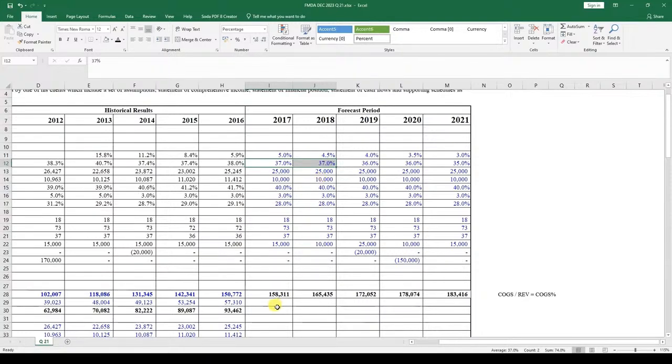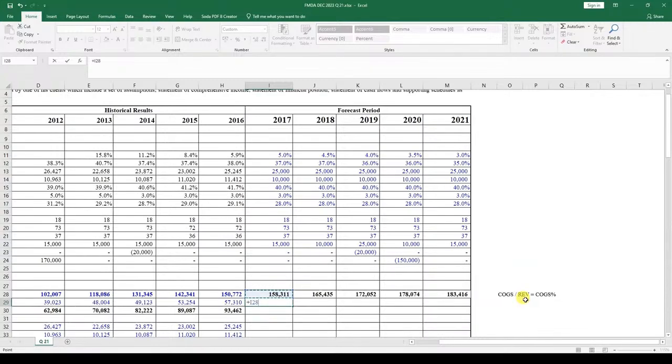But how then can we use the COGS percent to model the cost of goods sold? We just get the revenue and multiply by the cost of goods sold percent, so that we are able to model the cost of goods sold, because cost of goods sold over revenue is the cost of goods sold percent. So we cross multiply: the revenue multiplied by the cost of goods sold percent, and then we should be able to have the COGS, and that's exactly what we are supposed to do.